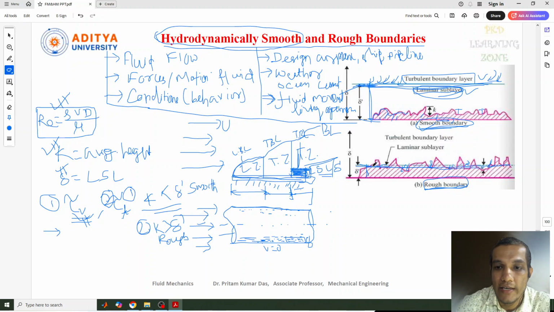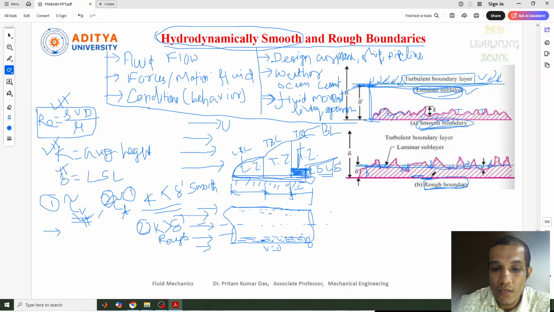That's why the irregularities of this surface are above the laminar sublayer. Here the eddies were present above, now the eddies present in the turbulent zone will come into contact with this surface.